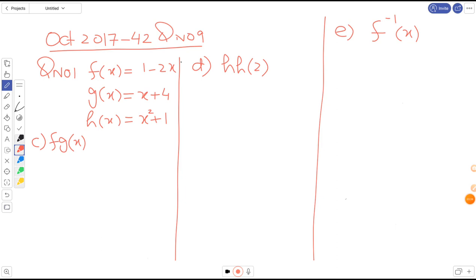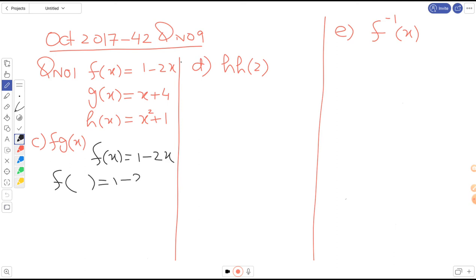C part we have here, put function of g in f. So we have to put function g in f. So first of all, I will copy function of f. This whole thing comes down. So I'm copying function of f. So 1 minus 2x. And what I will do, how many x's we have?